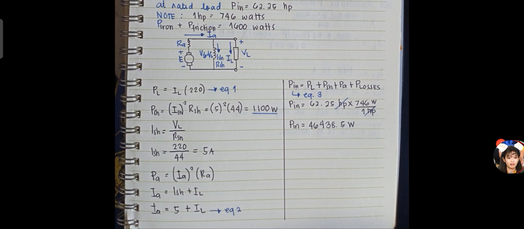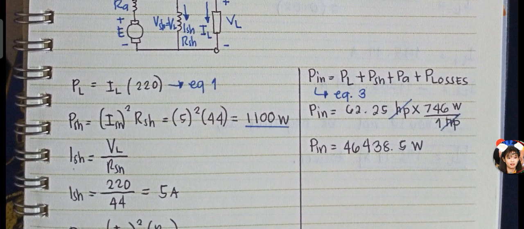Proceeding, we get the shunt power, or P shunt, which is equal to the shunt current squared times the shunt resistance. We are given a shunt current of 5 amperes and a shunt resistance of 44 ohms. So we get a value of 1100 watts.